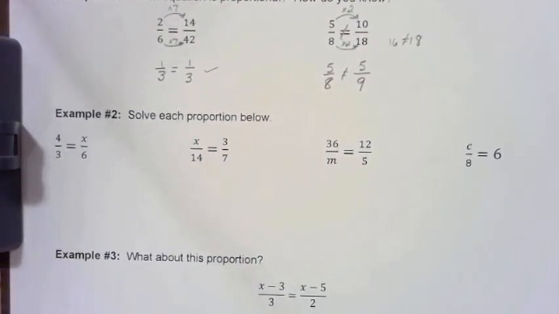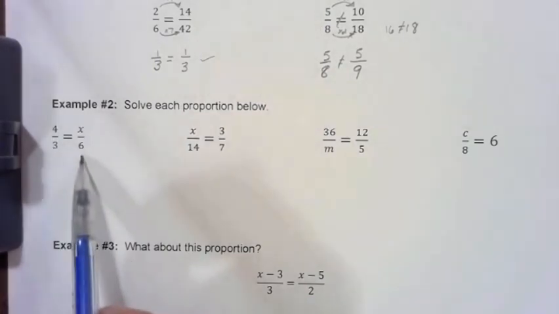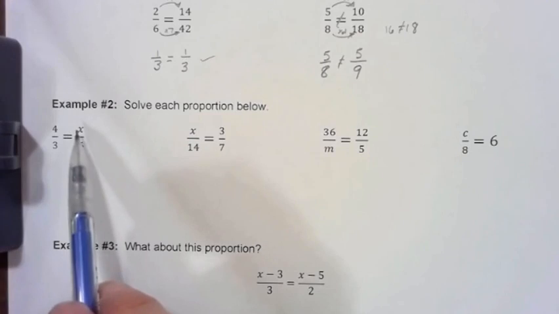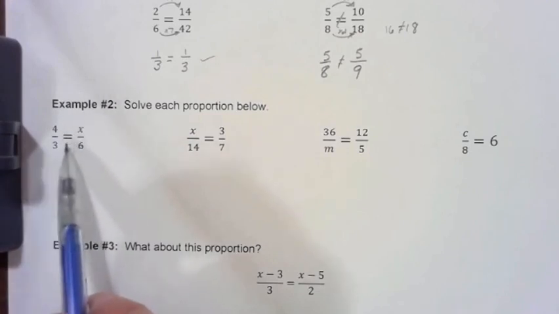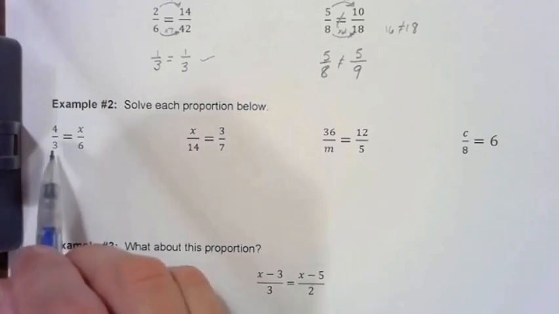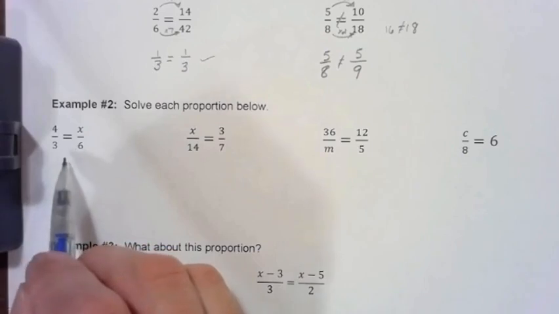In each example, I have an unknown value. It might be in the numerator, it might be in the denominator. Let's see if we can figure out what the unknown value is. Looking at this first example, I have 4/3 equal to x over 6. I want to figure out what the value of this x is. I know that these two fractions are equal to each other. So I'm going to see how I can go from the first denominator to the second denominator since they're both there.